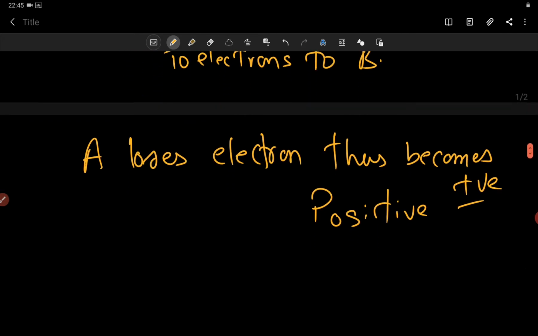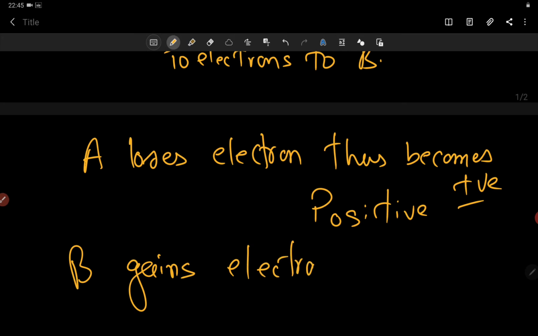Whereas B gains electrons, because electrons are negative charge, as you will know. So B gains electrons and thus becomes negative because it has an excess of electrons. This is how a body gets charged, how it becomes positive and how it becomes negative.